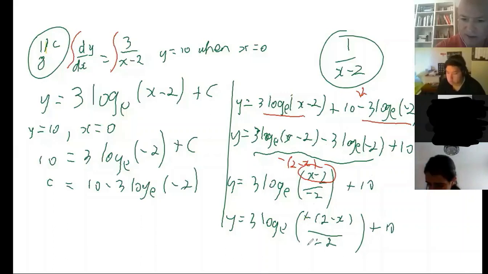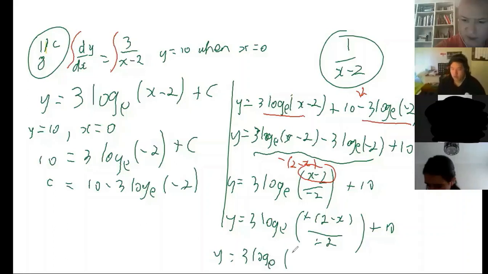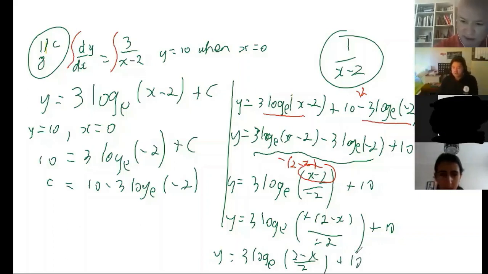The negatives cancel. So there's my whole rule: y equals 3 log e of 2 minus x divided by 2, plus 10. Any questions there? That was 11C, question 8.